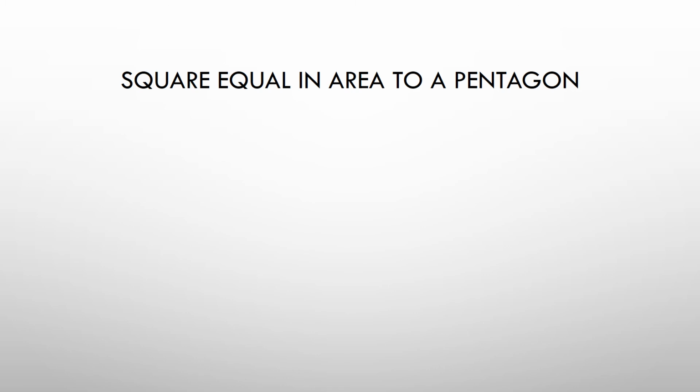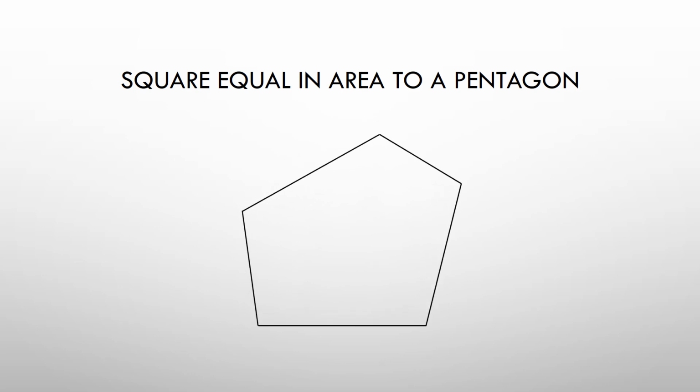Now we're going to be putting what we have learned so far in one drawing. A square equal in area to a pentagon. In this case, we have an irregular pentagon and we want to get a square. We can't go directly to a square.